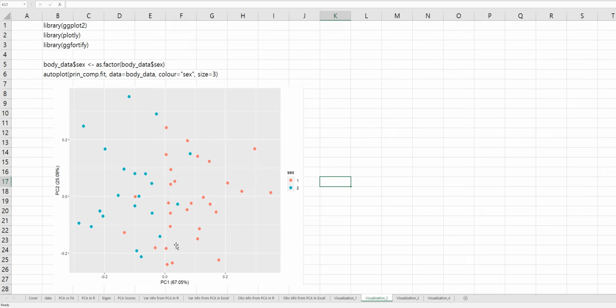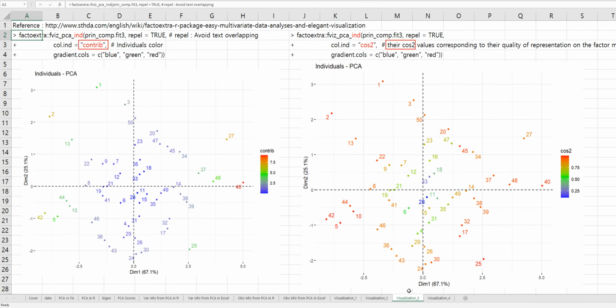As you can see, for the first principal component, the blue observations actually show lower principal component scores compared to the first sex group, right? So this is actually a male group and this is a female group, right?